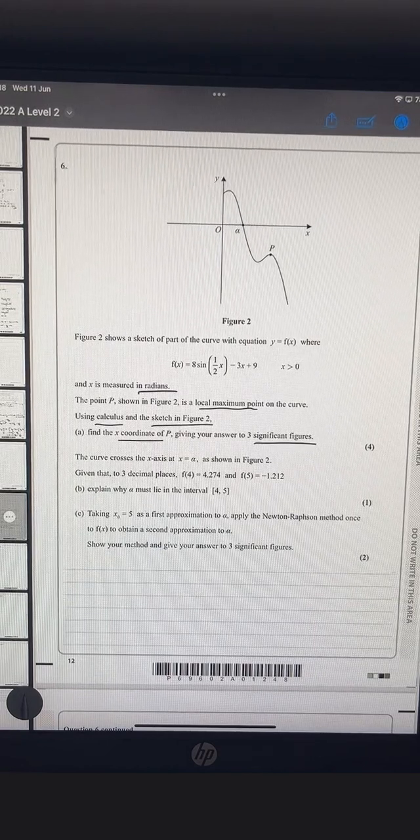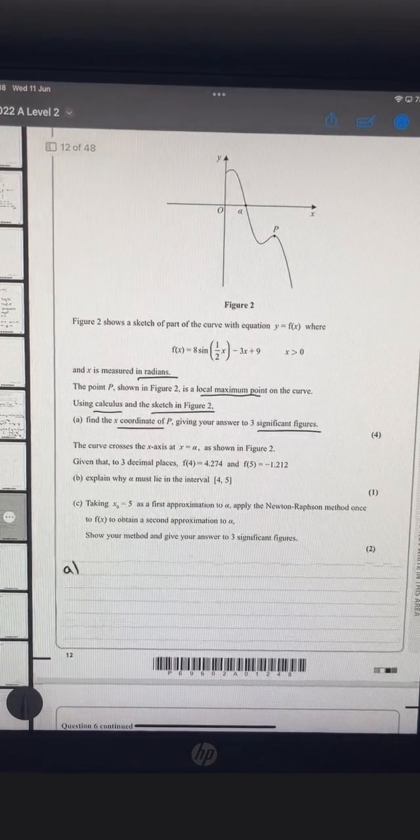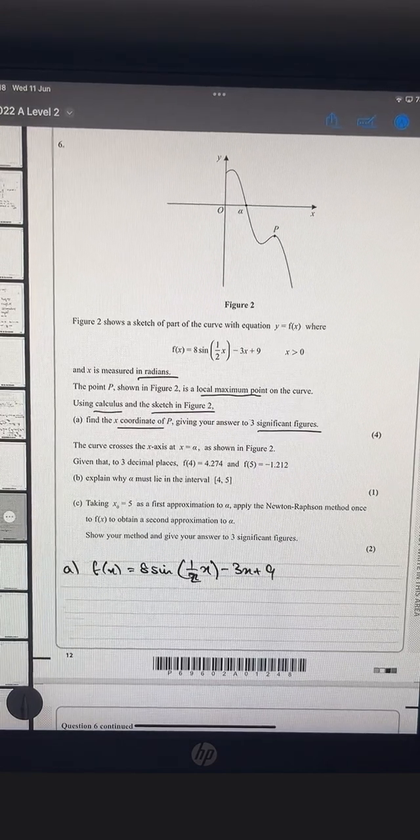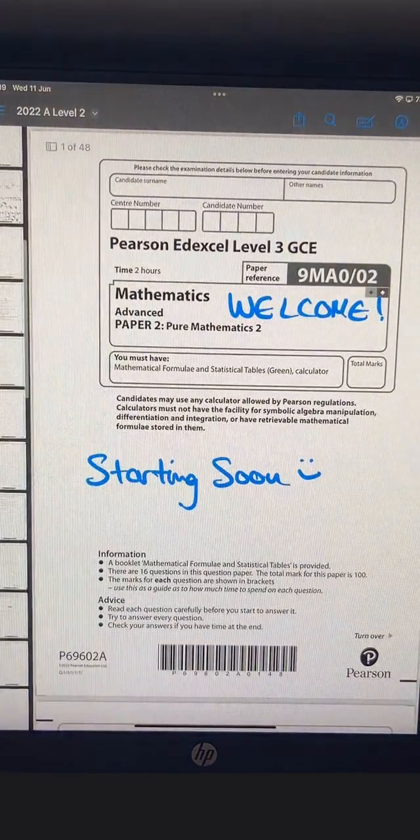Alright, so using calculus, all you have to do is differentiation. So f of x is equal to 8 sine half x minus 3x plus 9. When I'm differentiating a trigonometric function, I multiply by the coefficient of x.